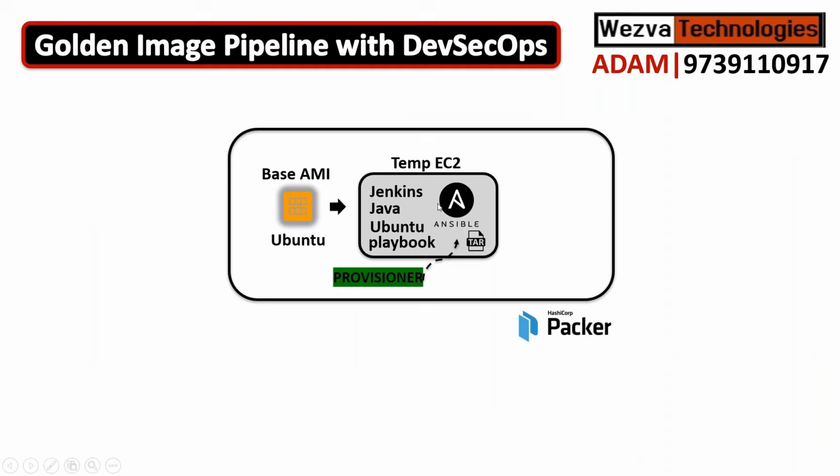Once Ansible has completed, Packer will convert this temporary machine into a golden AMI, which is certified by your organization. So if you automate this process with Packer, whatever versions of the packages I want, I can specify, and Packer can build a new AMI for us.